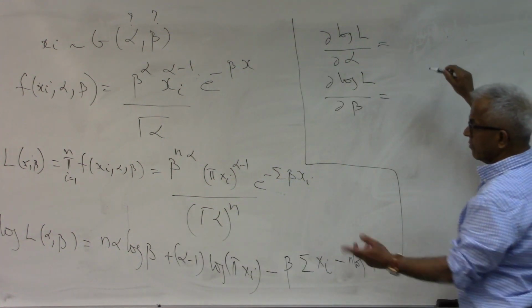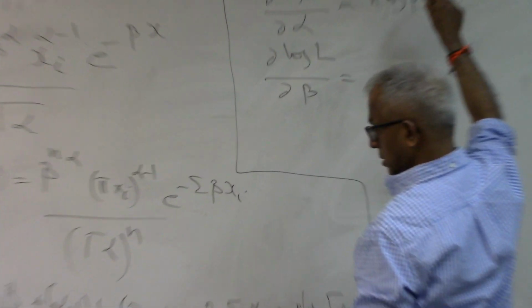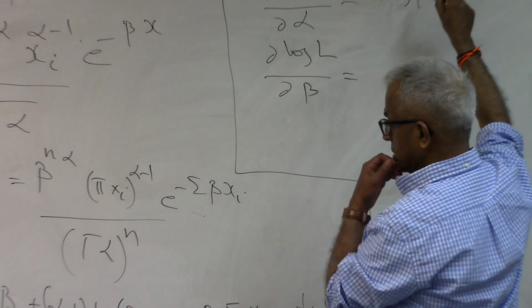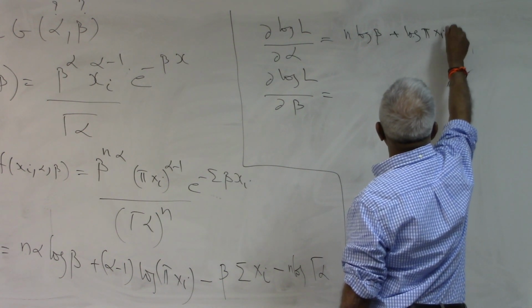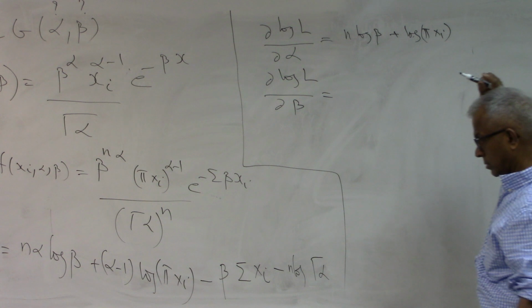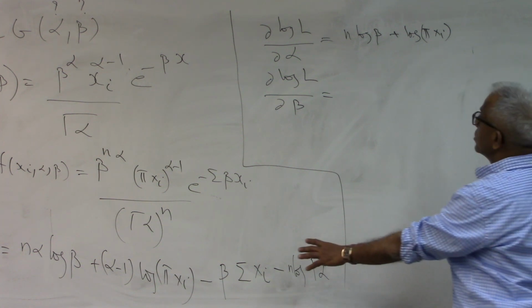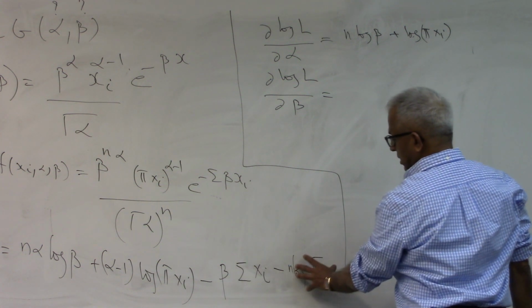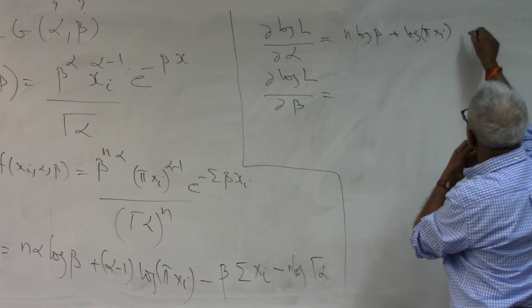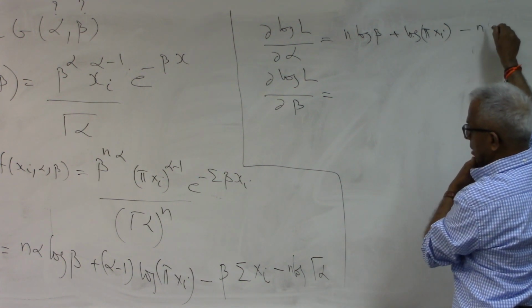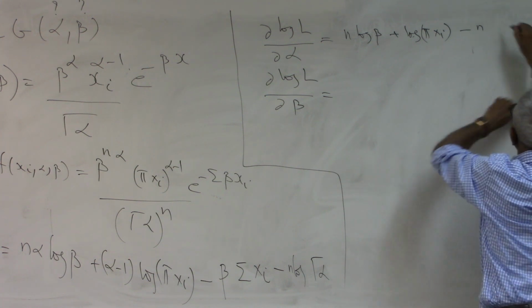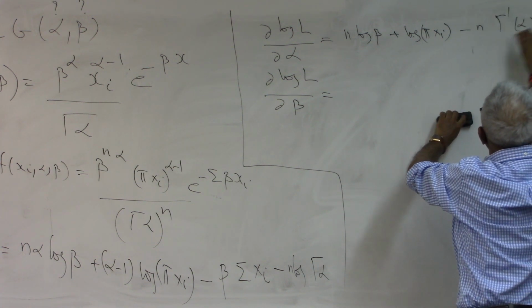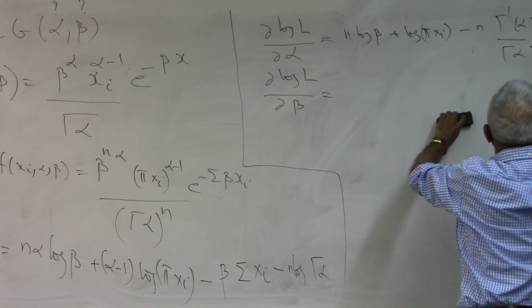The partial derivative with respect to alpha is n log beta, plus summation of log xi. There is nothing here, and this is going to be minus n gamma prime alpha over gamma alpha equal to 0.